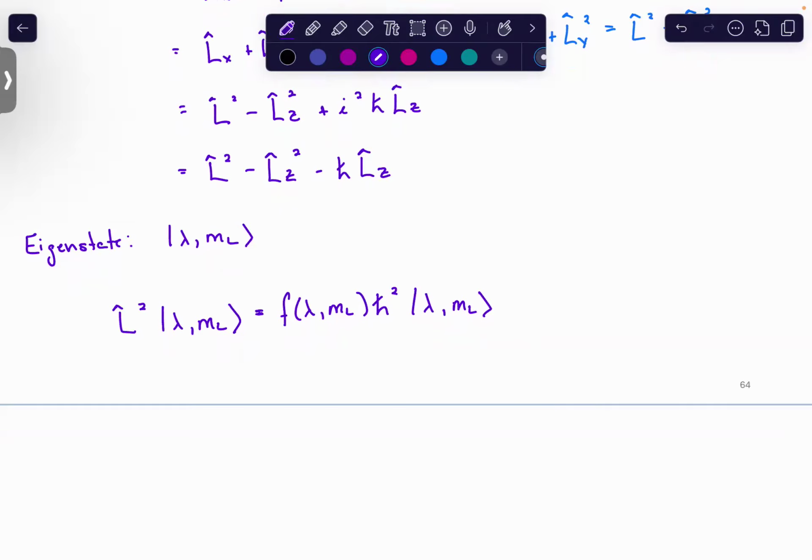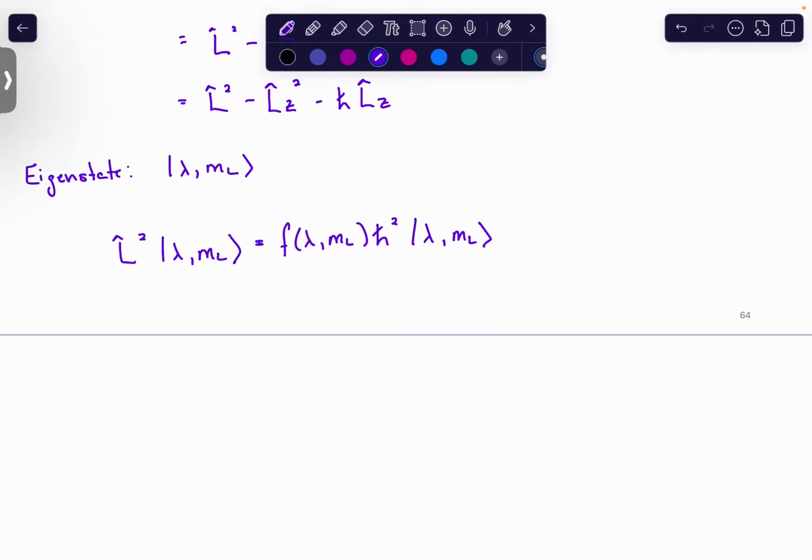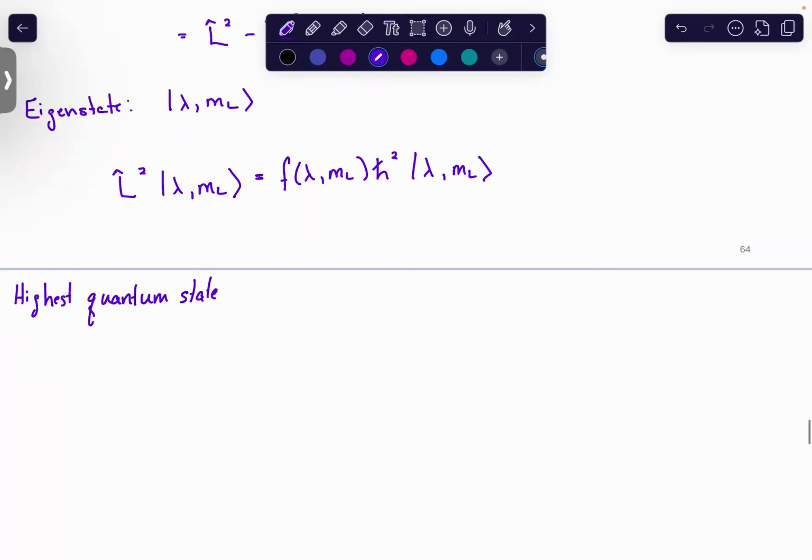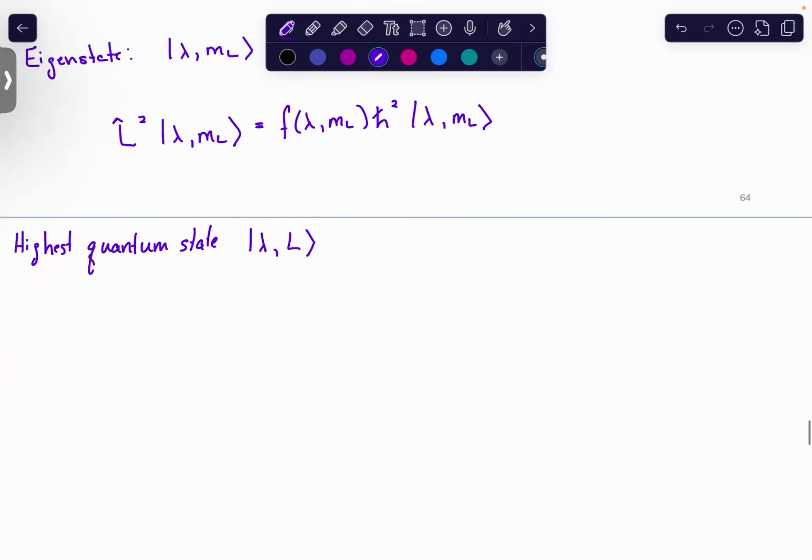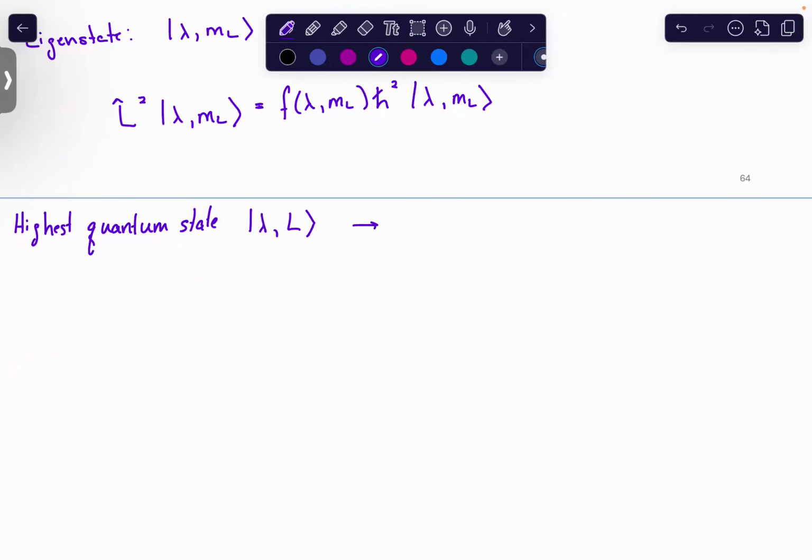Now, the highest achievable quantum state is where our quantum number m sub l is going to equal our angular momentum L. And the way the step operators work, if you try to step beyond the maximum state, you get 0.